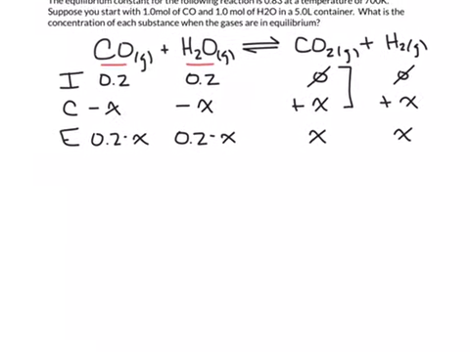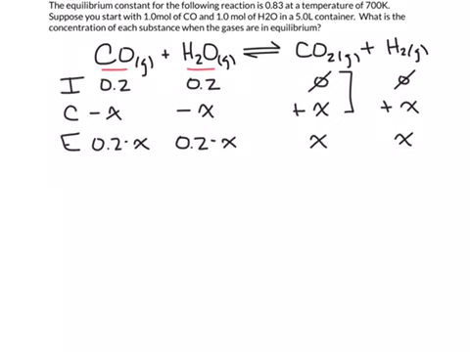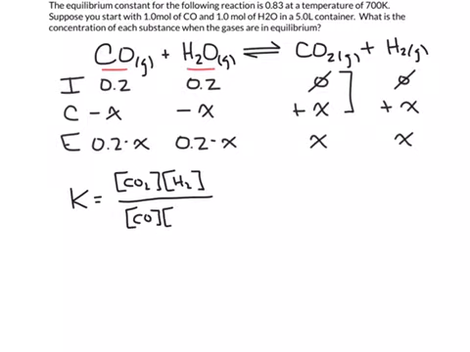Okay. Next step, equilibrium law. So K is equal to, remember it's always products over reactants, so CO2 times H2. These are both to the power of 1 because they have coefficients of 1, over our reactants, CO and H2O. Should be able to plug in some numbers now.